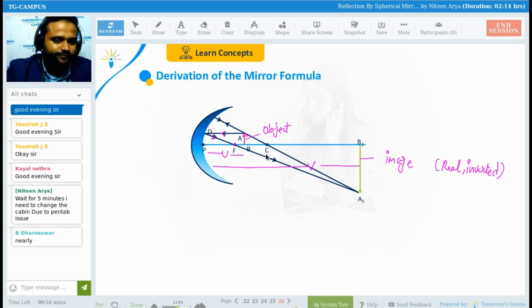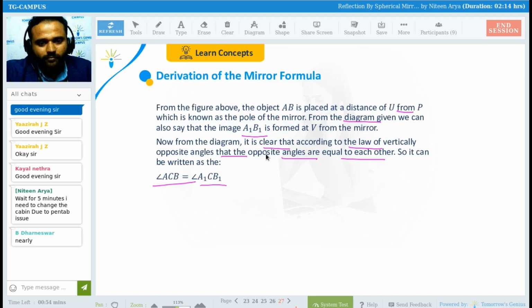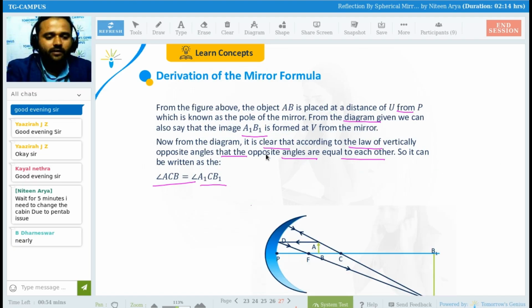I can draw it, because the diagram is necessary for you guys. So this is your diagram.